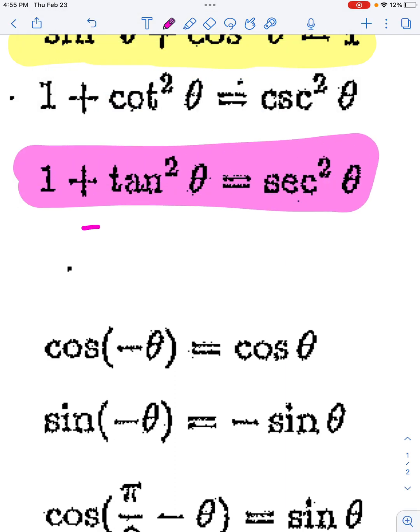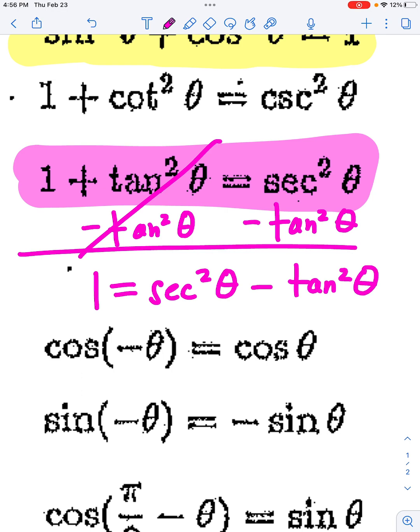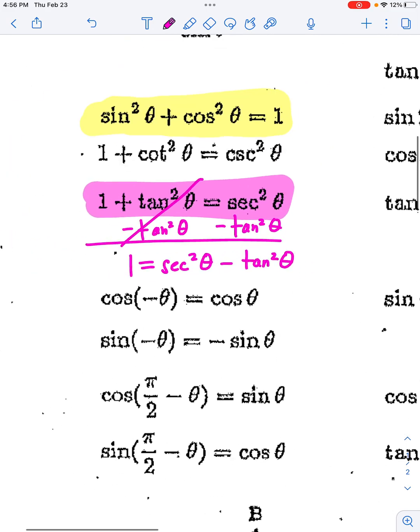I'm going to subtract a tangent squared of theta from both sides. That'll cancel. That's going to give me 1 equals secant squared theta minus tan squared of theta. So secant squared minus tangent squared equals 1. And that's just an equation that we get from our reference sheet here.